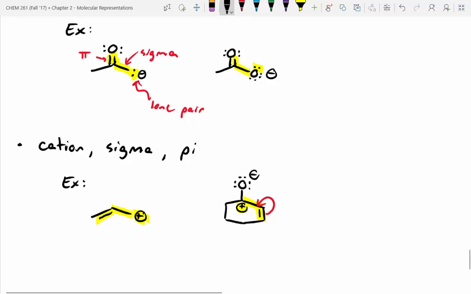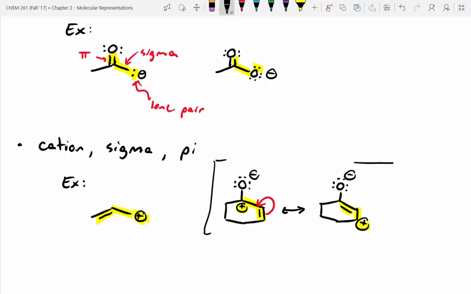And if you do that, you can leave the oxygen put for the time being, and that's fine. That moves that positive charge to the other side. But again, that pattern's still there. There's a cation, sigma, and a pi right there. So that's another common pattern you might see. Requires a different sort of arrow pushing.